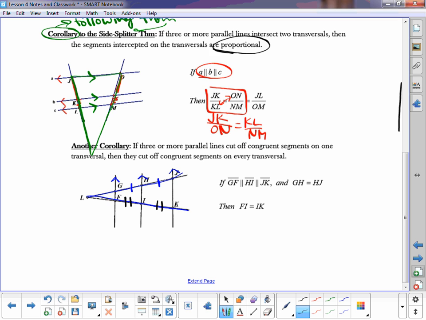Notice FI is not the same as GH, but it's equal to the other pieces along its own line. So again, I could draw any transversal through here, and these pieces would be congruent.